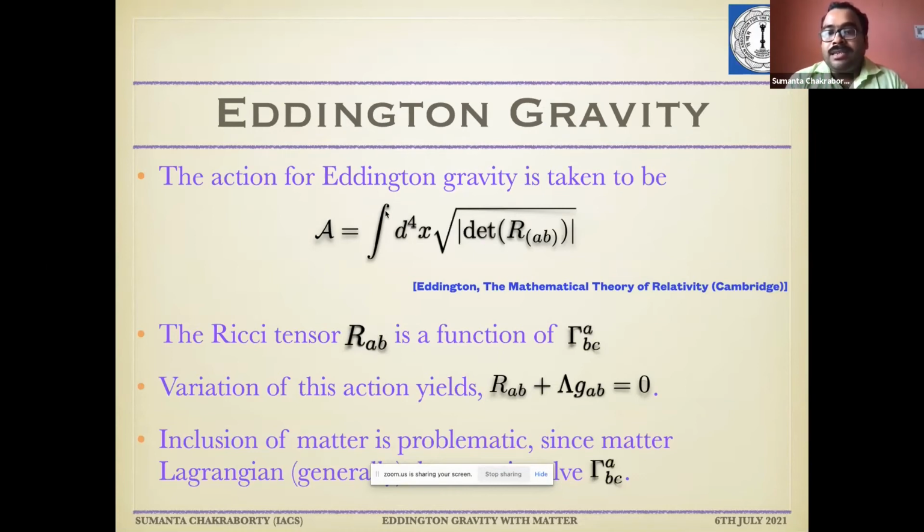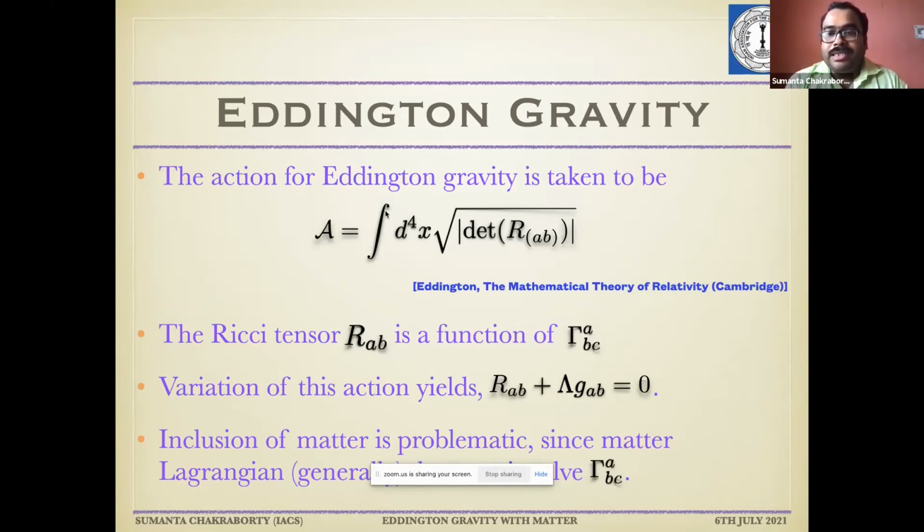But Eddington, in his famous book on the mathematical theory of relativity, actually suggested a different action to start with, which is d4x square root of the determinant of the Ricci tensor itself. Intriguingly, this is a generally covariant object because the determinant and d4x conspire to make the combination a scalar quantity.